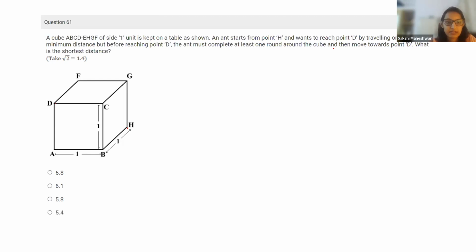So see, we want the shortest distance. I'll just open up this cube so you understand the shape. For example, how will the ant move?